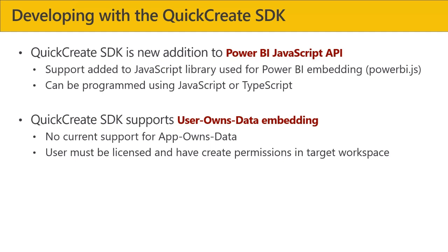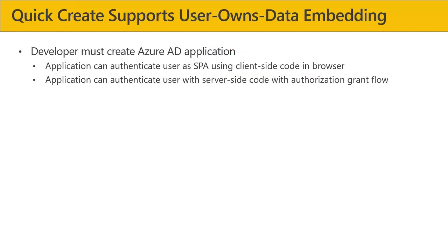Next, the developer has to create an Azure AD application. Your application, as it's running, will need to interact with an Azure AD application. You need things like the tenant ID and the client ID. If you want to create your application as a single page application using something like React, that's what I'm going to show here in the demo.